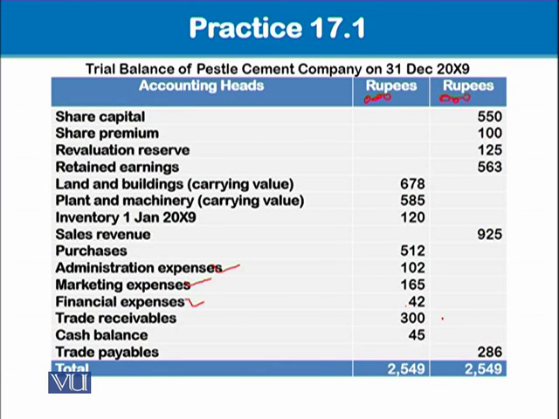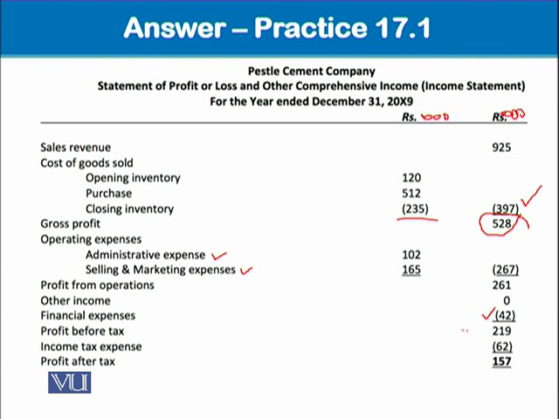And then what comes? Profit before tax, and this 62,000 is the income tax expense. So profit after tax is 157,000. This is the presentation in which we have to take care of the classification.